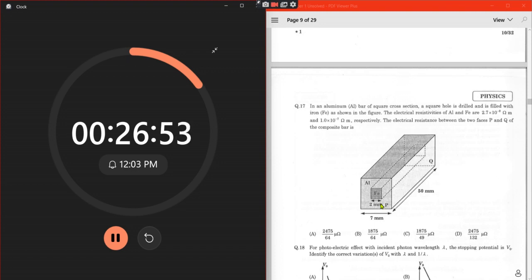That's our L. A squared कितना है? A squared is just 7 times 10 power negative 6. Right. 49 times 10 power negative 6.